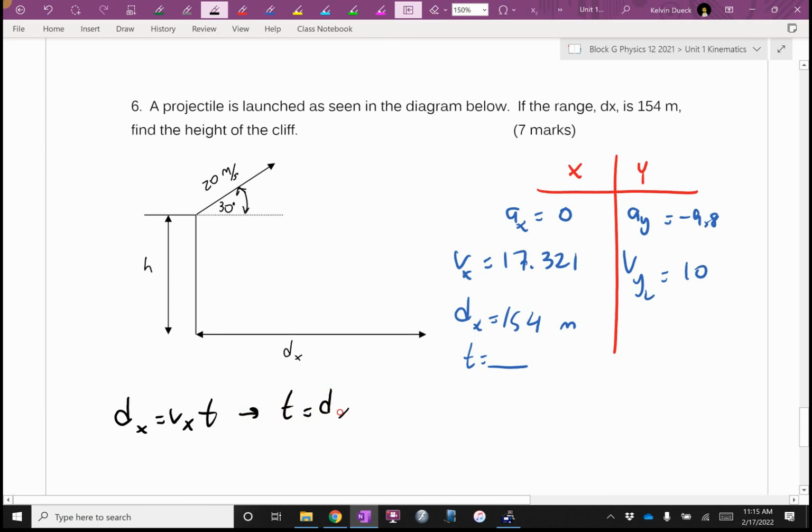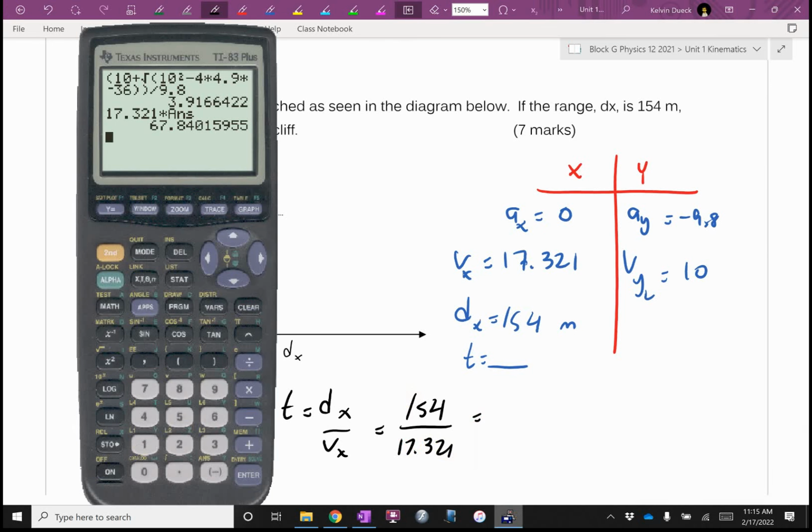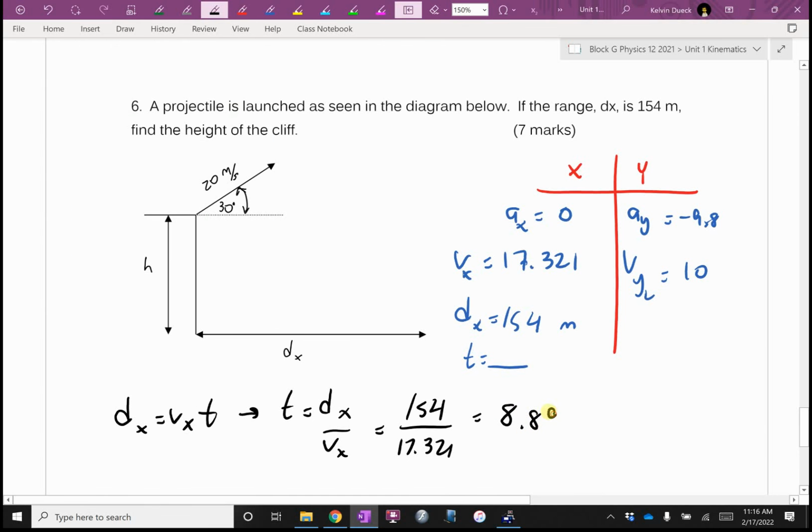Time is going to be dx over vx. It's going to be 154 divided by 17.321. And I get 8.891, blah, blah. I'll write 8.89, but I'll store this on my calculator. Because this isn't what they asked me to find.